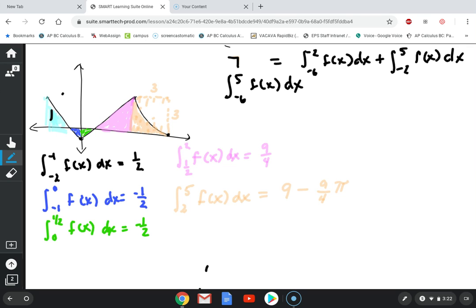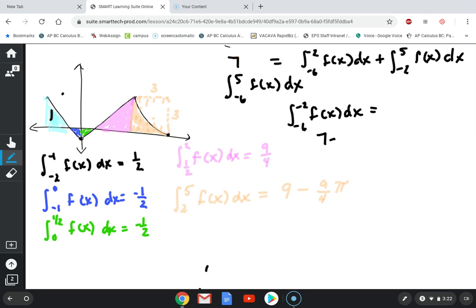So I can then say that the integral from -6 to -2 of f of x dx equals 7 minus the summation of the areas going from -2 to 5.